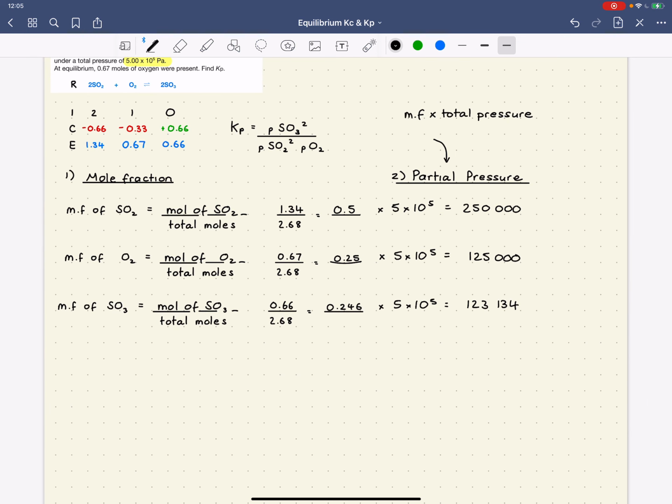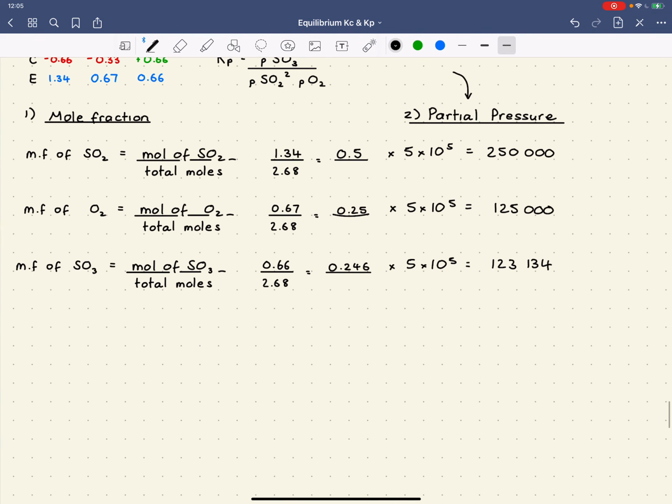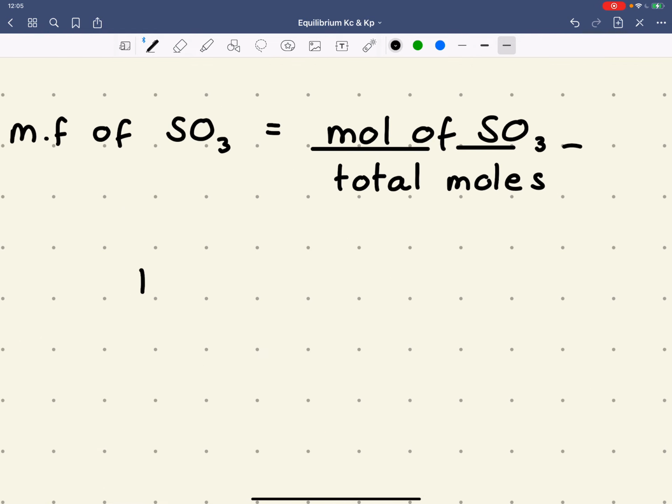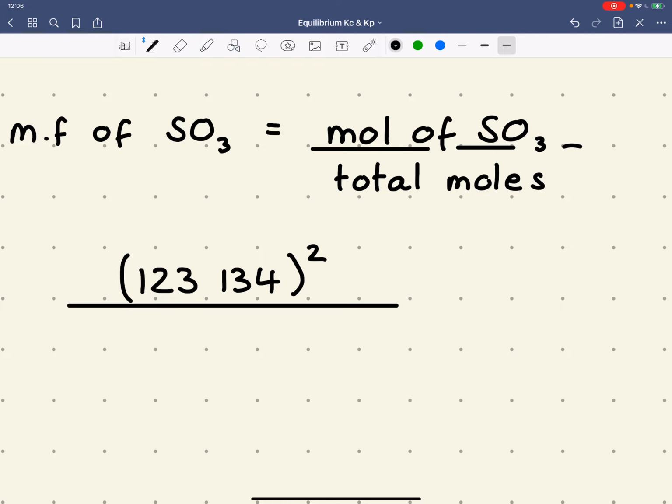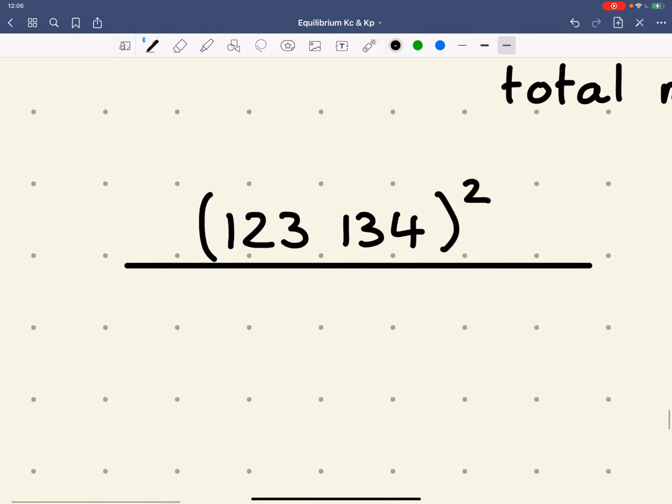So these are all my partial pressures, and then it's a case of putting those partial pressures into your Kp expression. So when we do that, we get the partial pressure of SO3, 123,134, and again, that has to be squared, divided by the partial pressure of SO2, which is 250,000.